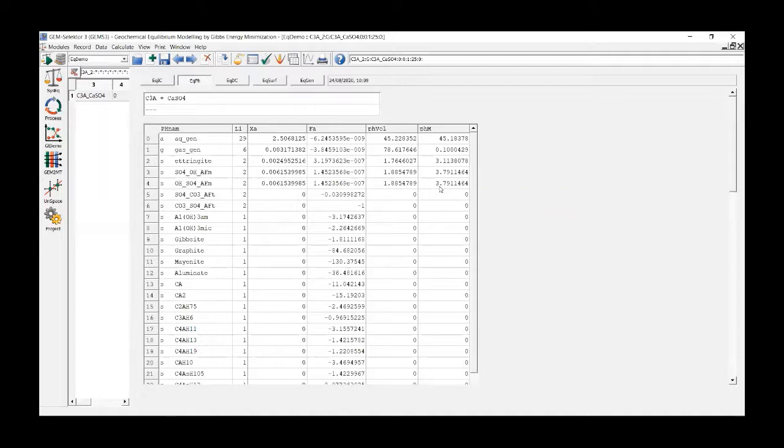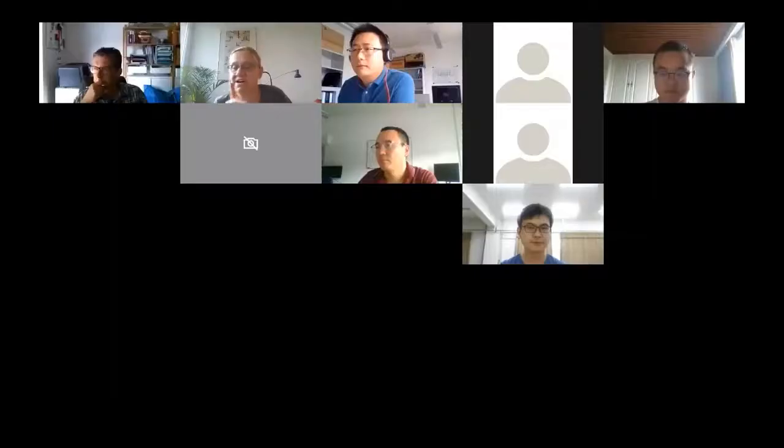So we will have more calcium sulfate per C3A, and this favors Ettringite because Ettringite contains more sulfate than AFM phases. Did it answer your question? Good. Any other question?